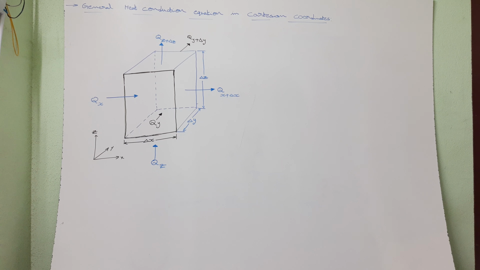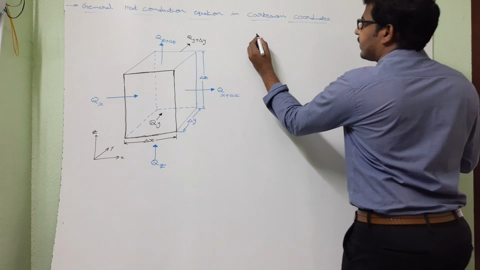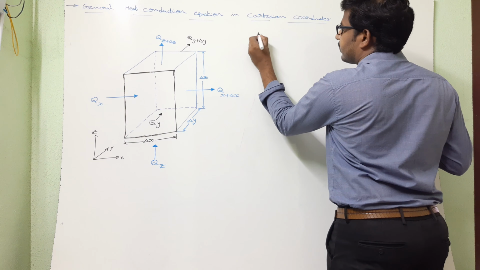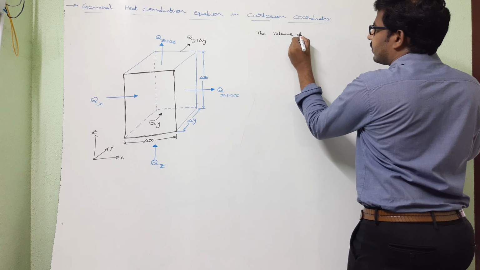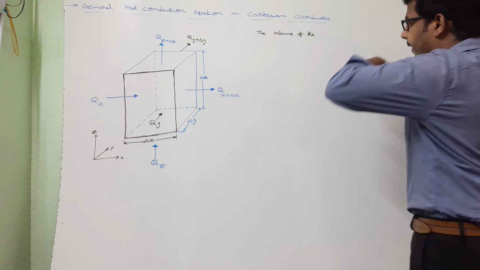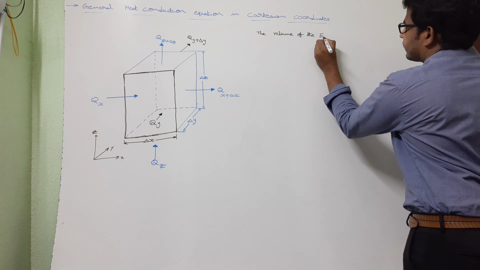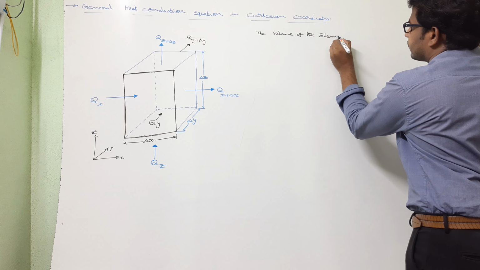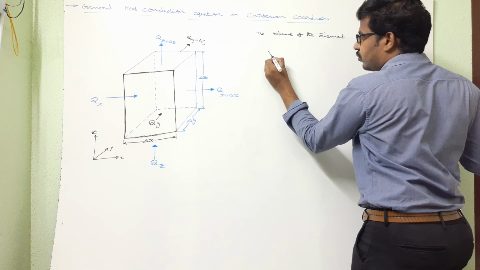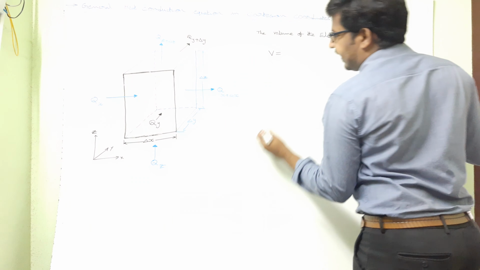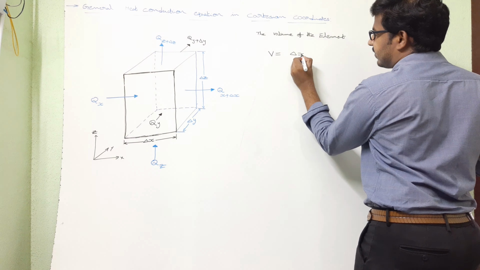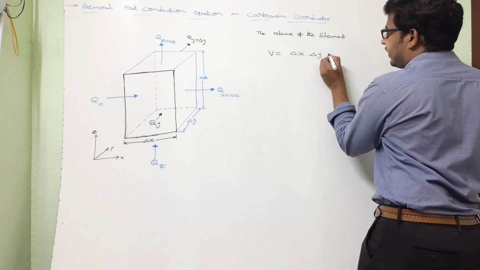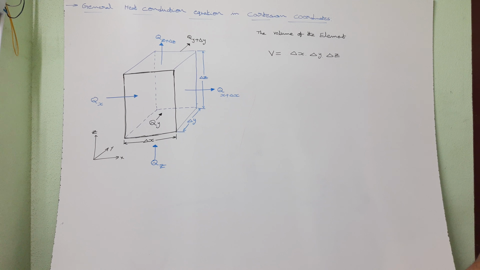Let us consider the volume of the element: V equal to, along the x-axis, delta x, delta y and delta z.